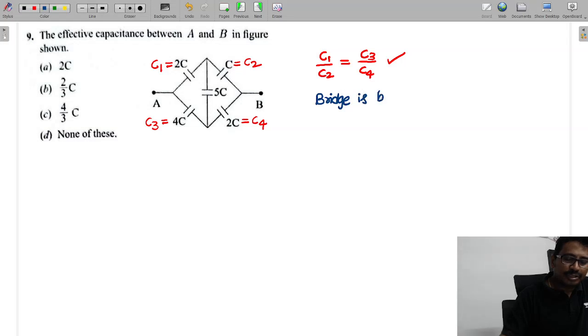If the bridge is balanced, then what can we do? The charge flowing through this diagonal is what? 0. So that element is removed from the network. If I redraw the circuit now, how could it be?